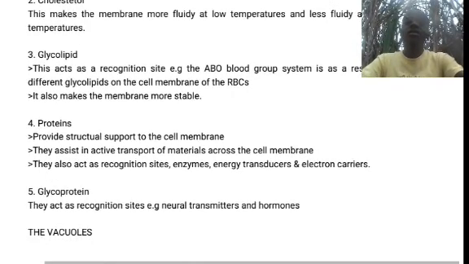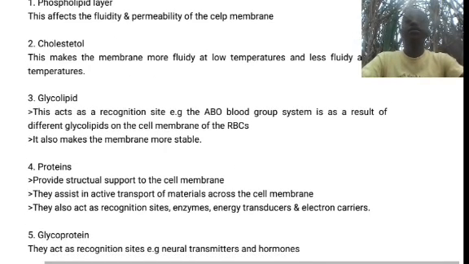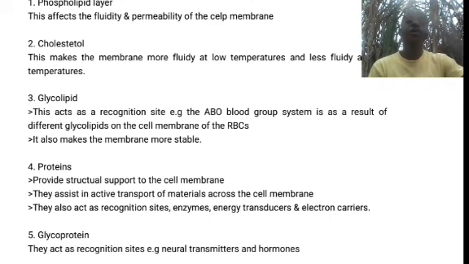Having looked at the cholesterol, let us come to the glycolipid. The glycolipid acts as a recognition site. So if you want to test your blood group, they have to check your glycolipid. For example, the ABO blood group system is a result of different glycolipids on the cell membrane of the red blood cells.